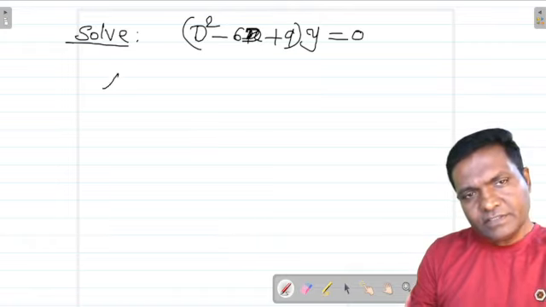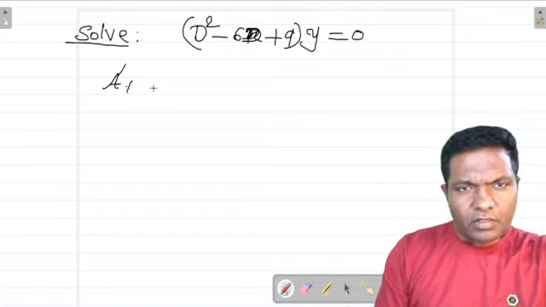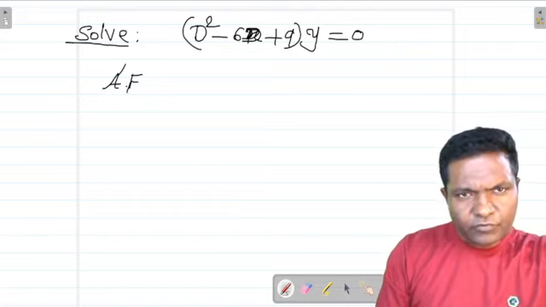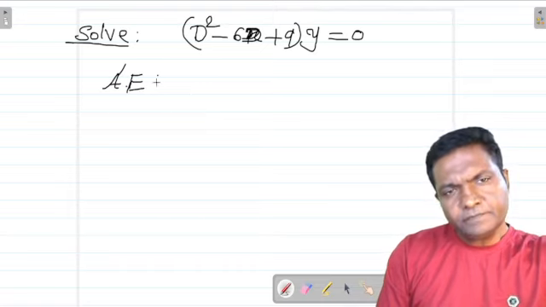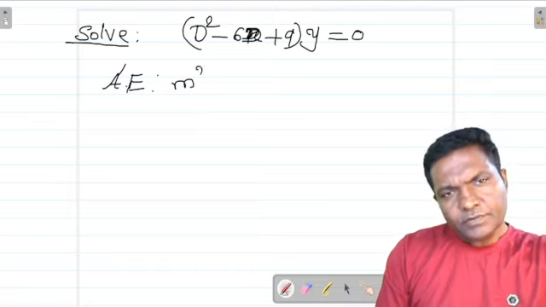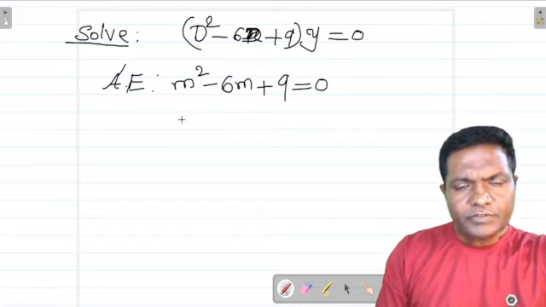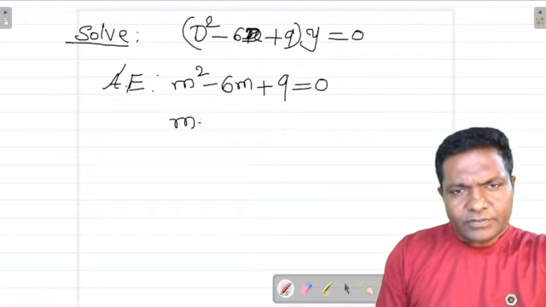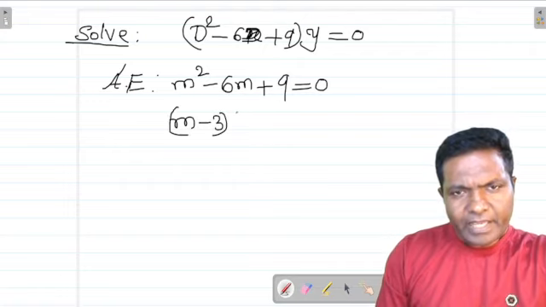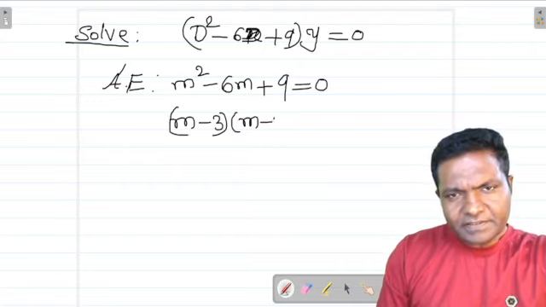So the auxiliary equation for this differential equation is m² − 6m + 9 = 0. Solve this. This is a perfect square. The factors are (m − 3)(m − 3).